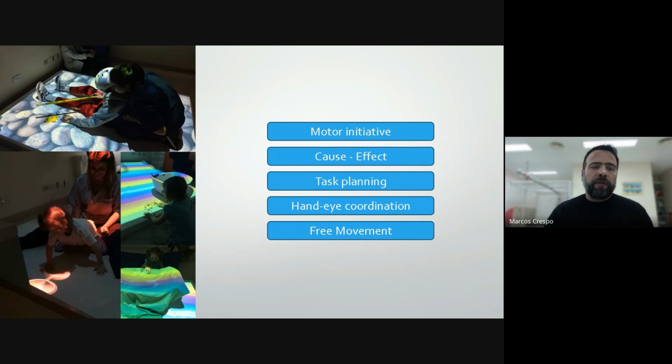We can evaluate transitions, how he discovers the action and the cause and effects of his movement, and it's a very powerful tool for a first evaluation assessment of our patients.